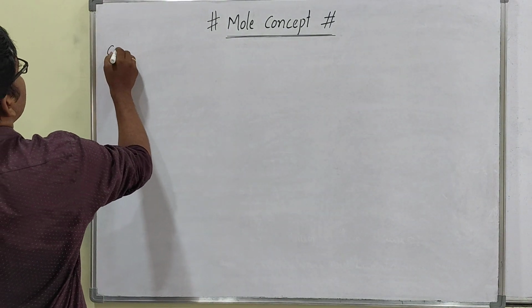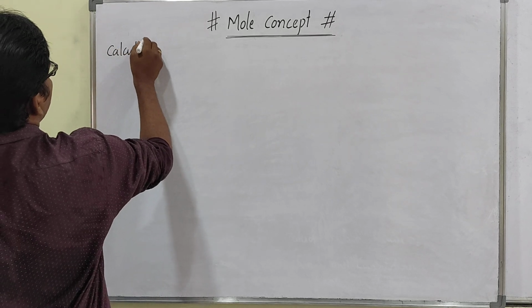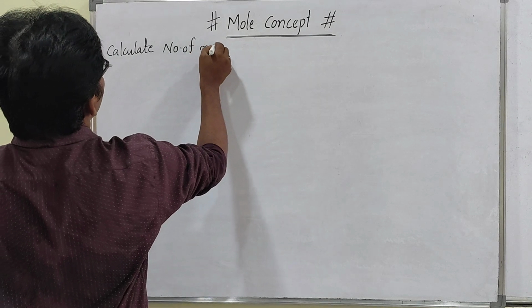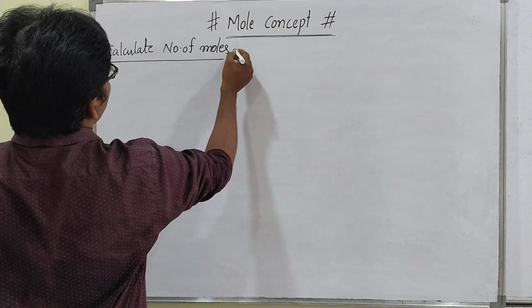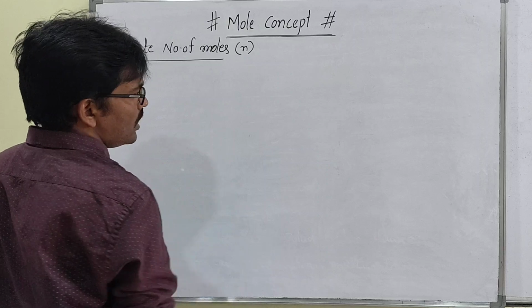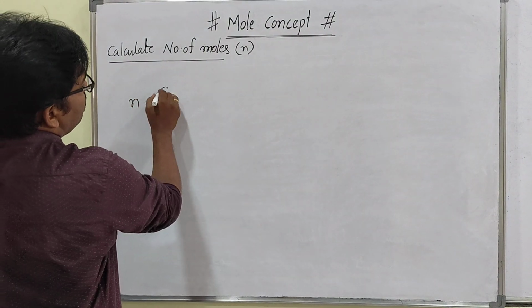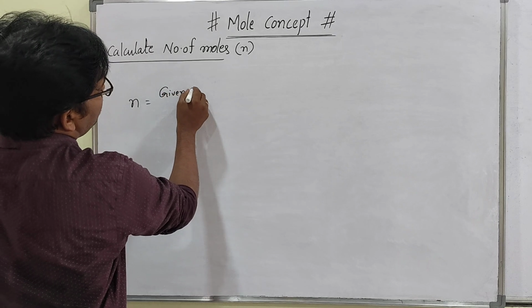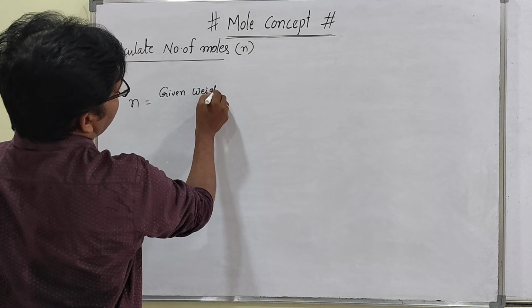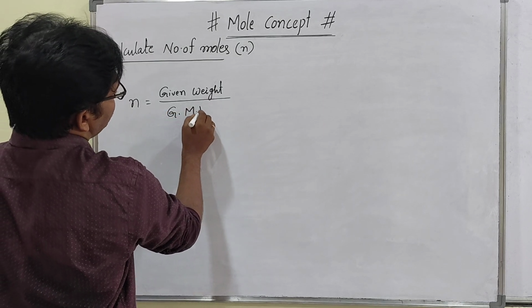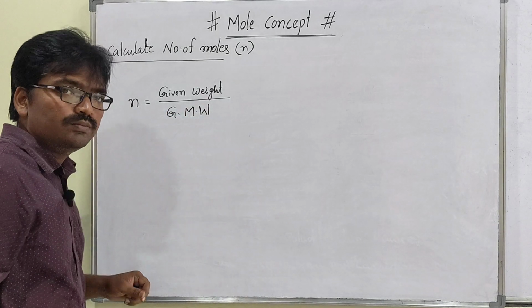The number of moles we represent with a small n. Small n is equal to given weight or given mass divided by gram molecular weight, that is equal to 1 mole.